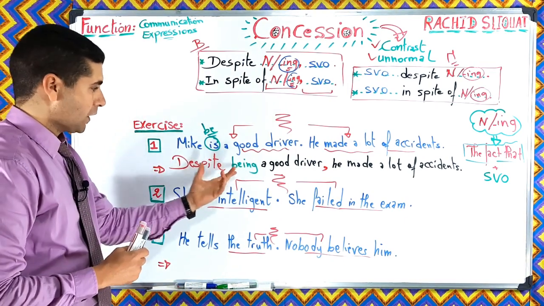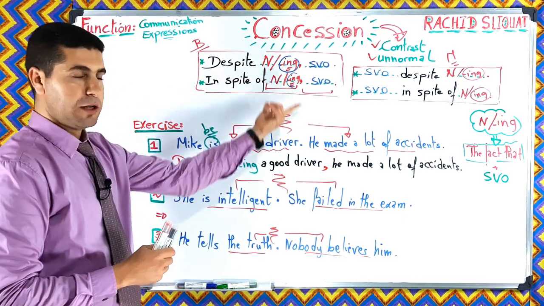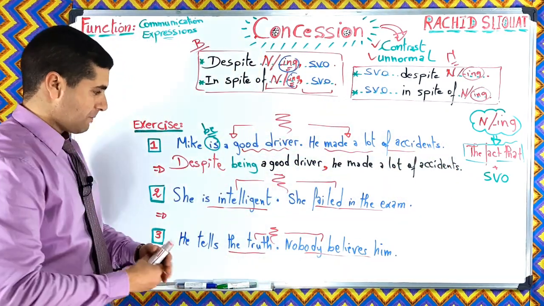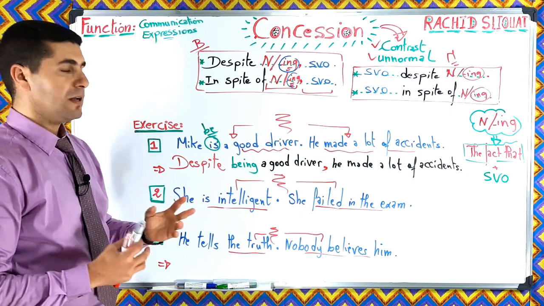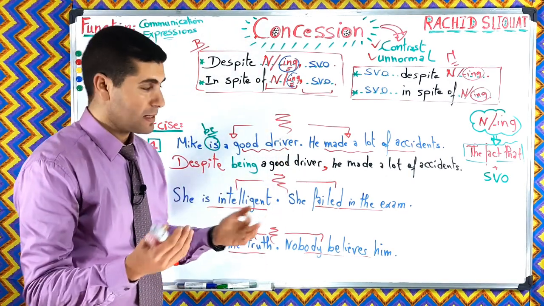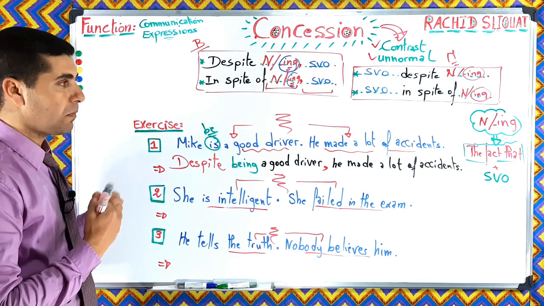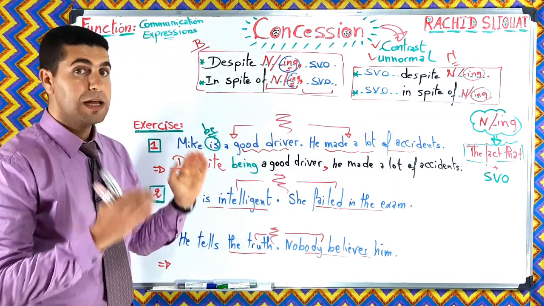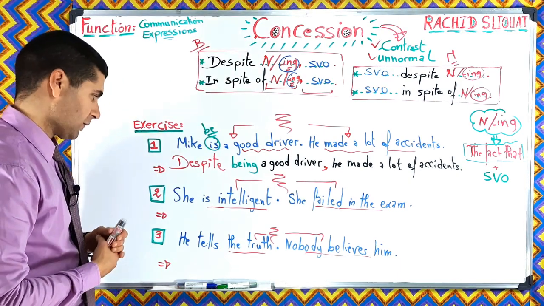So either the noun or ing, or the fact that plus the sentence. Instead of despite, we can use in spite of. In spite of being a good driver, he made a lot of accidents. In spite of the fact that he is a good driver, he made a lot of accidents.